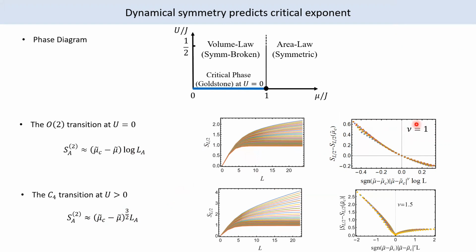A quick question. So the vertical axis, let's see. Can you remind me, is S the trace of rho squared? Yes, that's right. So S equals 1 corresponds to no entanglement. Oh, sorry. S is minus log of the trace of rho squared. So S is the second Renyi entropy. Okay, so S equals 0 corresponds to no entanglement. But I would think that as the rate of measurement gets very large, that should kill all of the entanglement.